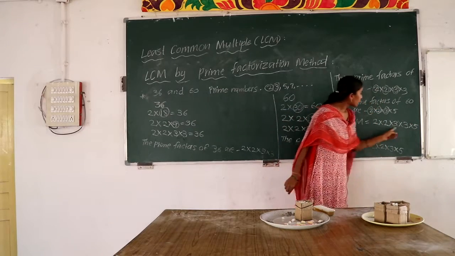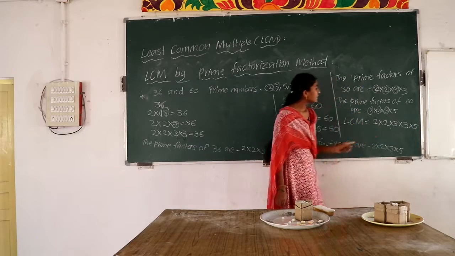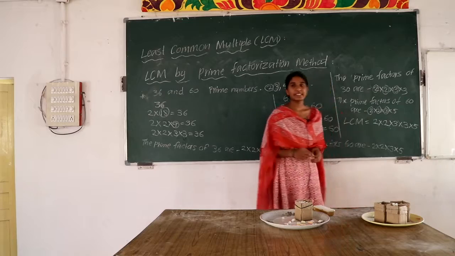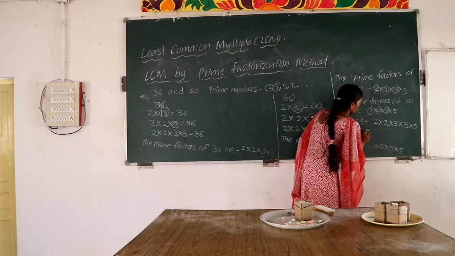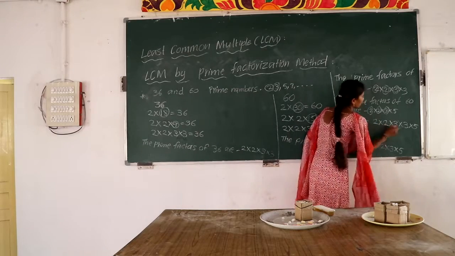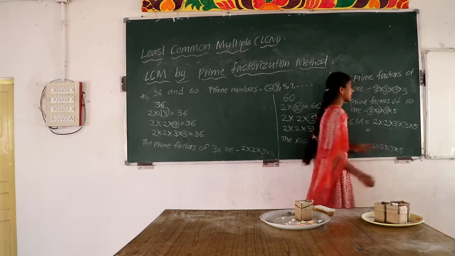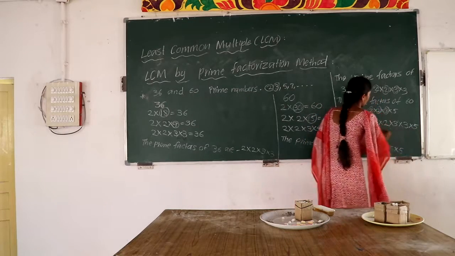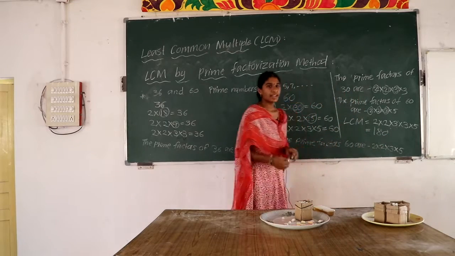The product of common prime factors and extra prime factors is called LCM. Here 2 times 2 is 4, 4 times 3 is 12, 12 times 3 is 36, 36 times 5 is 180. We get 180. The LCM is 180.